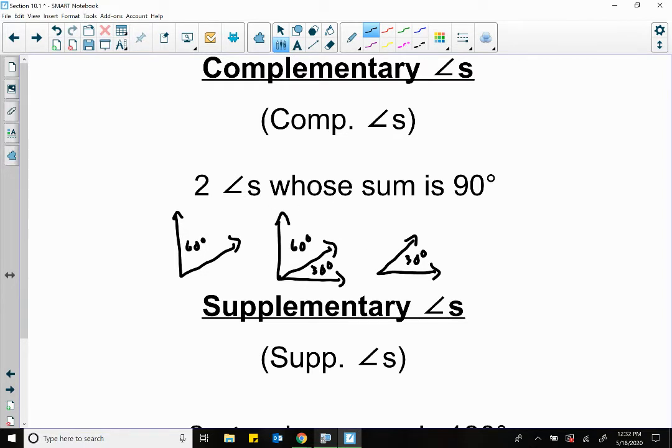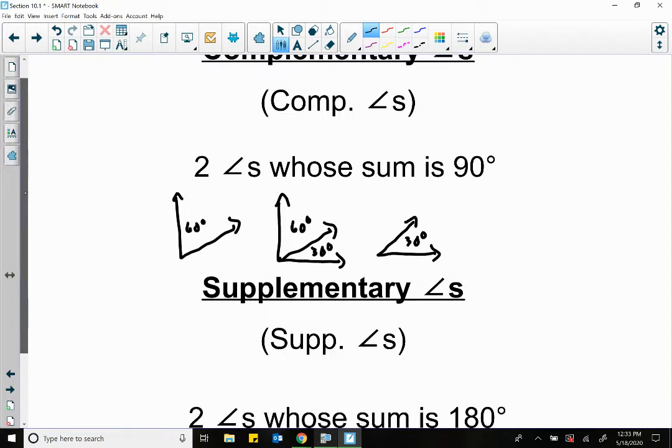They can be separate. So, for instance, I can have a 30-degree angle, and Christian, a student in my class, could have the 60-degree angle, and we are both complementary to each other because Christian has 60 degrees, I have 30 degrees, and together we add up to 90 degrees. So they can be separate, but they don't have to be.